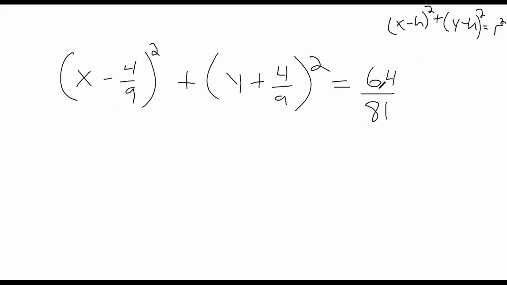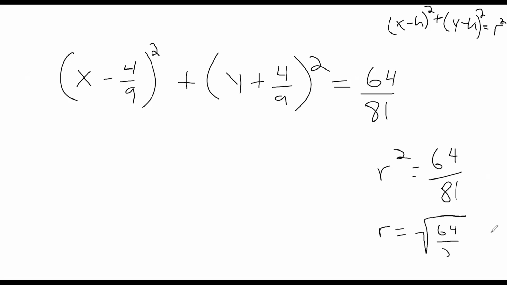So the only other thing we can say is that in this form, r squared is this 64 over 81 business. It's the right-hand side of the equation. And so the radius of our circle can be found by taking the square root of both sides. And we have the fortune of 64 being a perfect square and 81 being a perfect square. And so the radius is just 8/9.